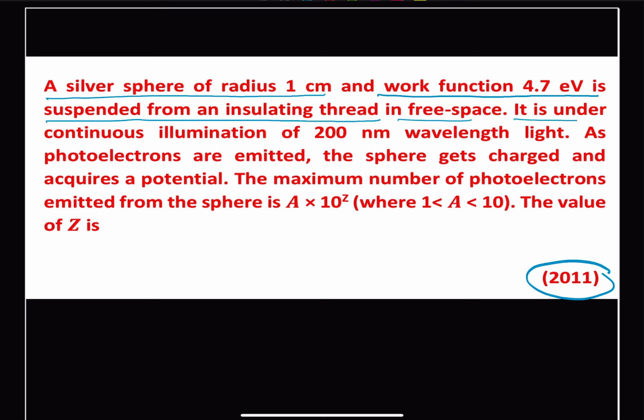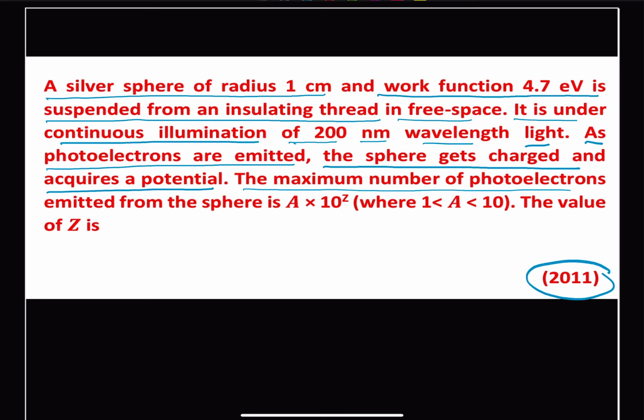It is under continuous illumination of 200 nanometer wavelength light. As photoelectrons are emitted, the sphere gets charged and acquires a potential. The maximum number of photoelectrons emitted from the sphere is A into 10 raised to power Z, where A lies between 1 and 10. The value of Z is.